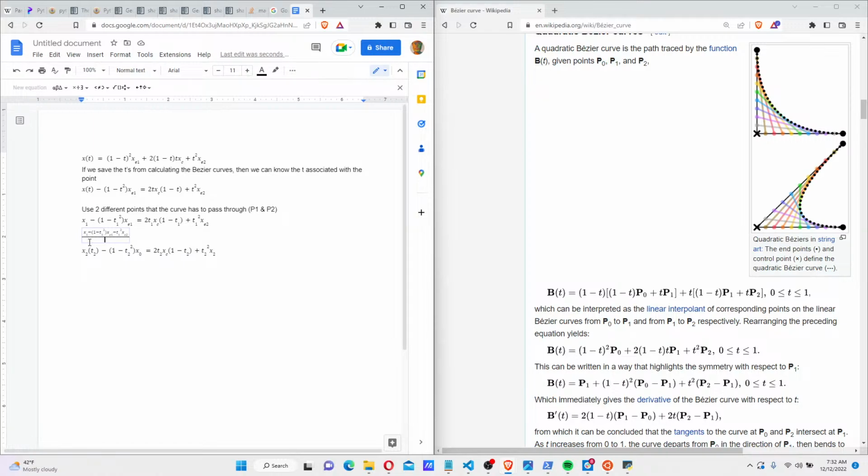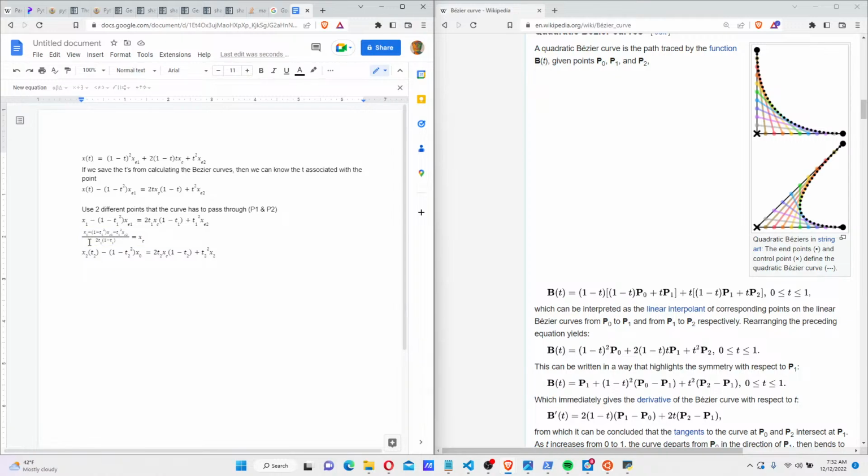So minus that second endpoint, and then you divide the whole thing by 2 times 2t1 times 1 minus t1, and then that whole thing is equal to the x of the control point.